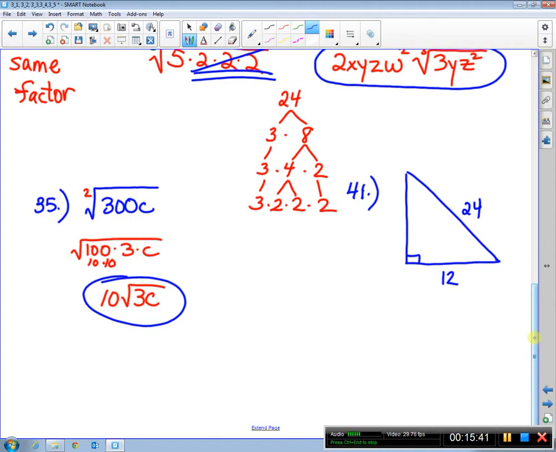So they want us to find this leg. I'll call it A. And what's our famous theorem for right triangles? The Pythagorean theorem says a leg squared plus the other leg squared equals the hypotenuse squared.